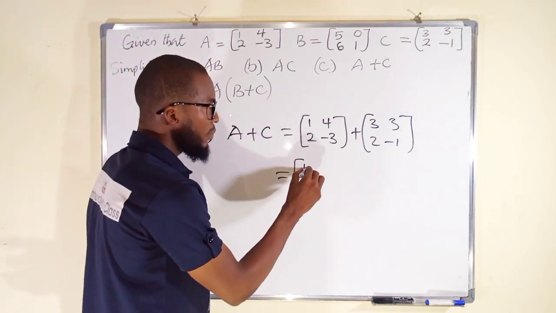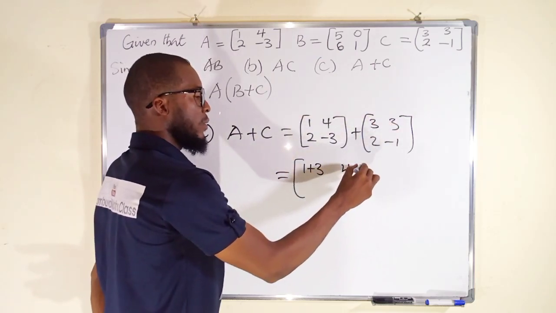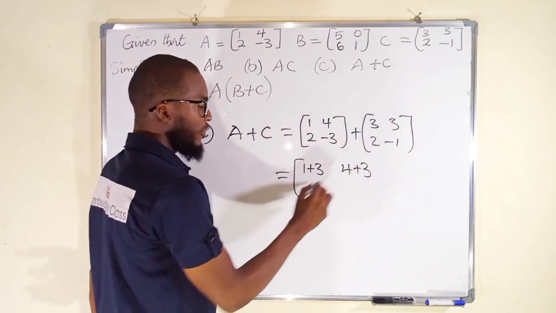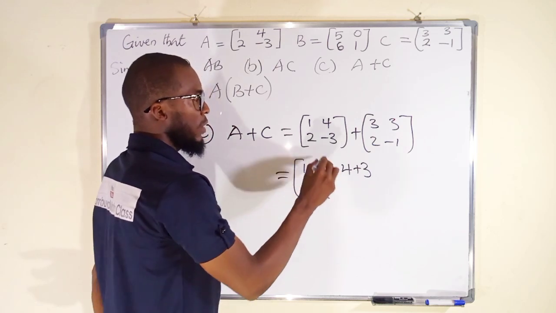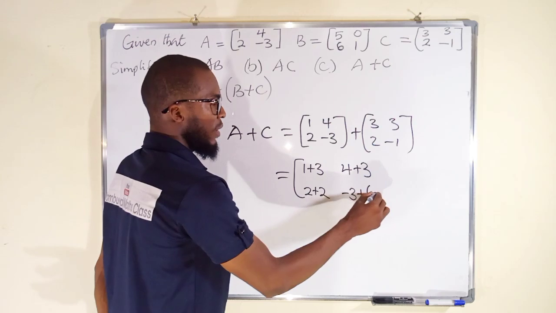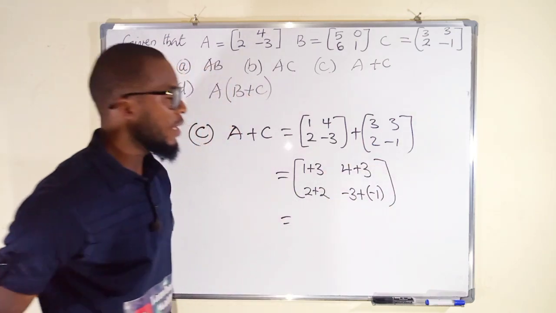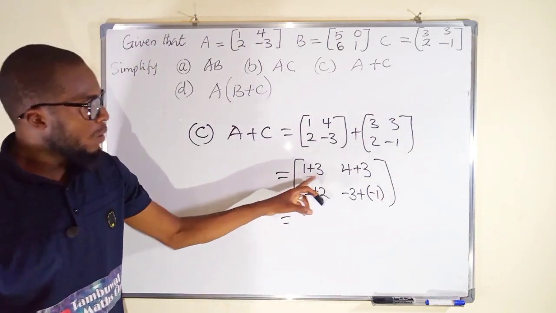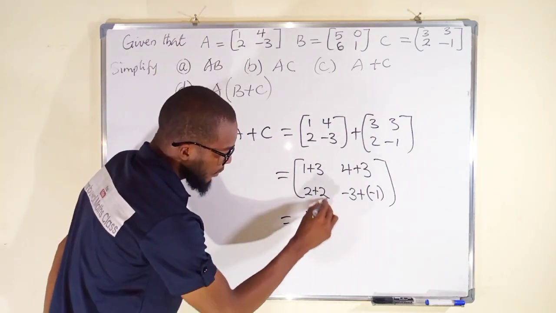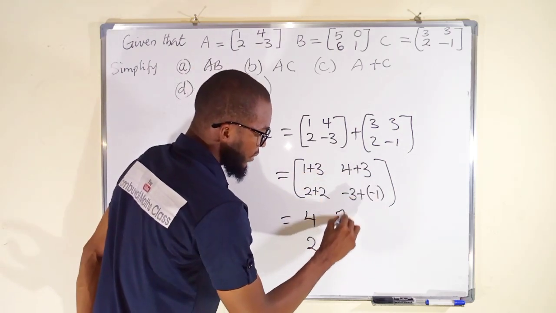This becomes 1 plus 3. You give a space, 4 plus 3. Come down here, 2 plus 2. Then -3 plus -1. We simplify and obtain our final result. 1 plus 3 is 4. 2 plus 2 is 4. 4 plus 3 is 7.